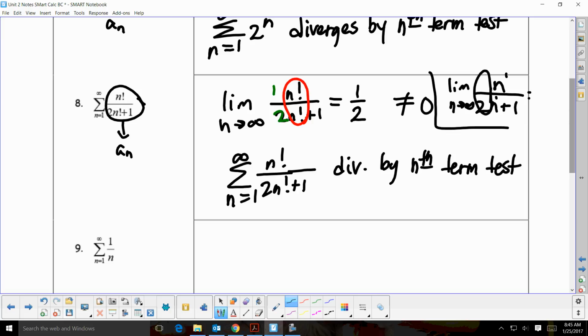If this guy, though, was squared, it's bigger on top, so we would get out infinity. If that was just 1 and this guy was squared, it's bigger on bottom, which goes to 0. So it's those 3 rules that we were doing before with the horizontal asymptote. Is that okay?